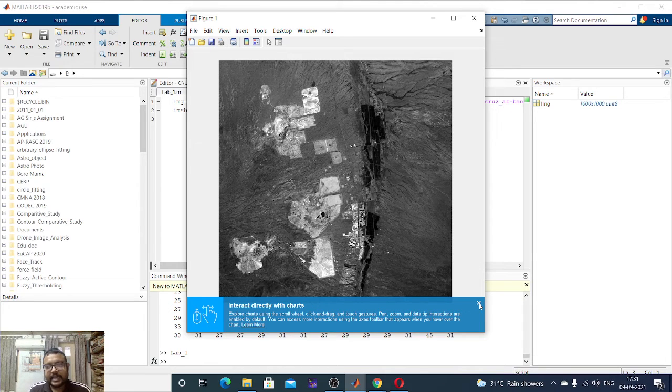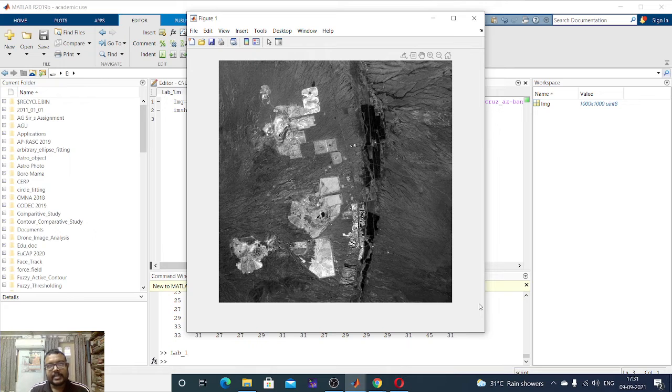Now, one thing, probably I will take your space engineering image processing lab also. There I will be doing the same thing with some space-based image using Python.